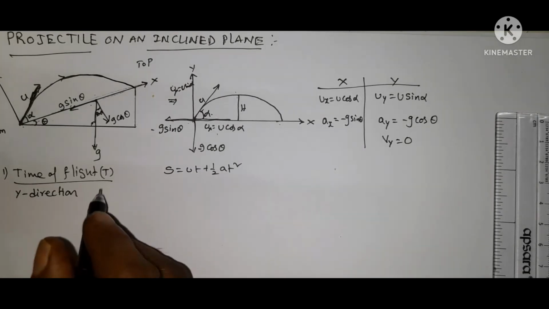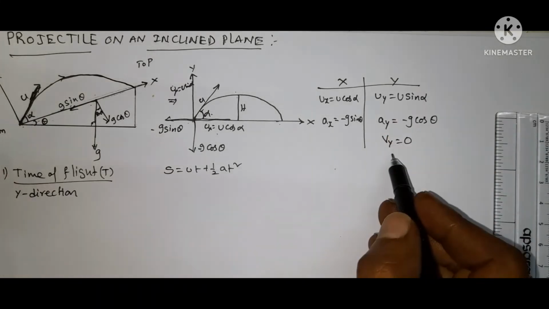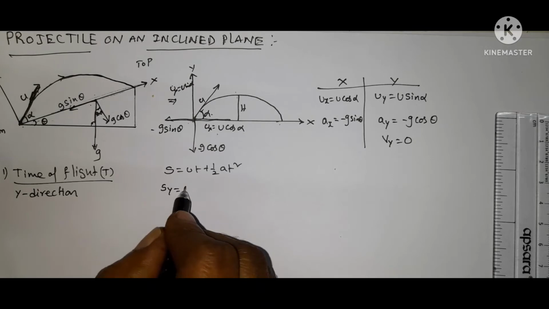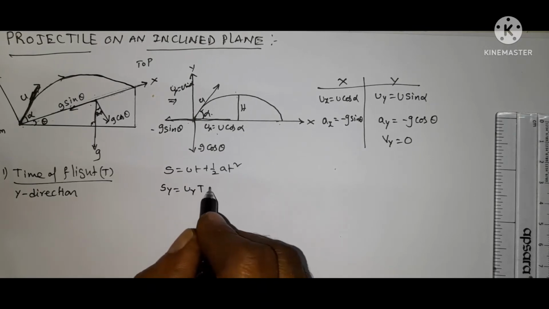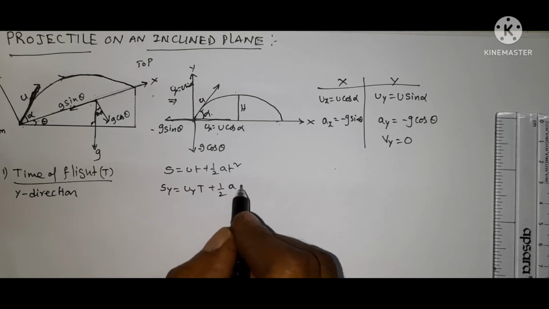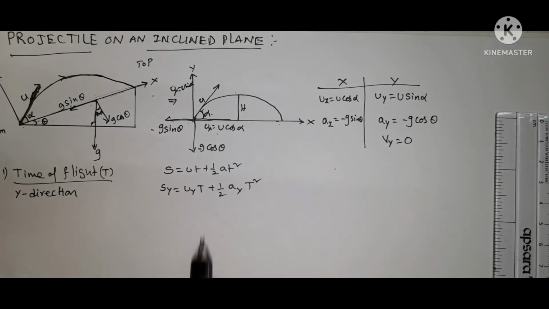Look at this. For the y direction, what are the quantities you know? You can apply the y direction values also. Sy is equal to uy into time of flight plus half ay into t square. Now substituting the values.